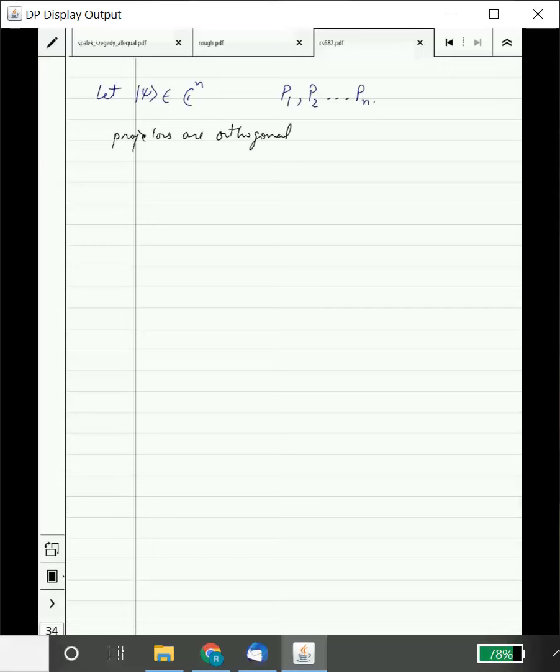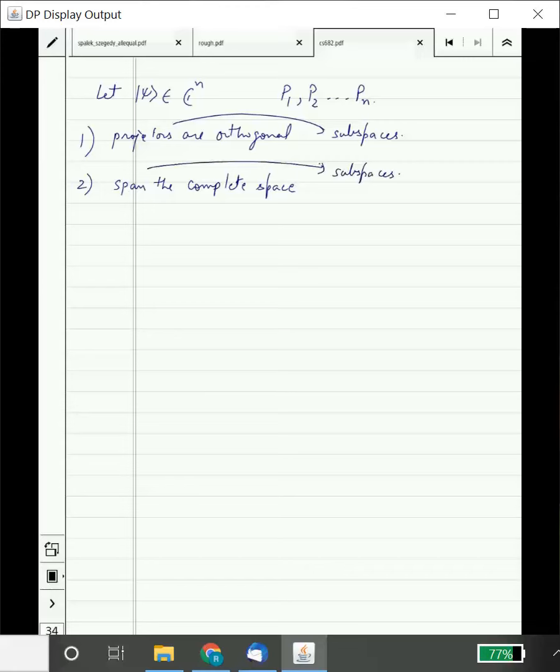When I say projectors are orthogonal, it means that the subspaces which correspond to them are orthogonal, and second, they span the complete space. Again, I mean the subspaces corresponding to these projectors, they span the entire space.